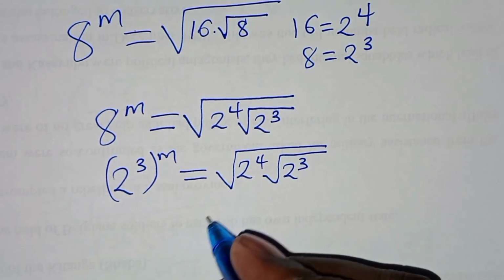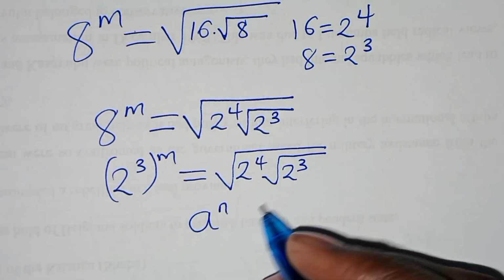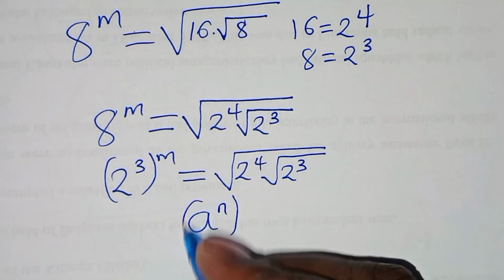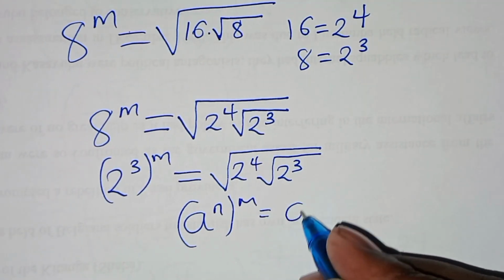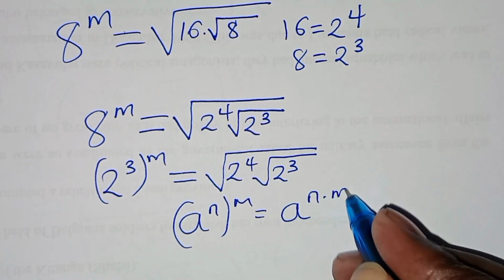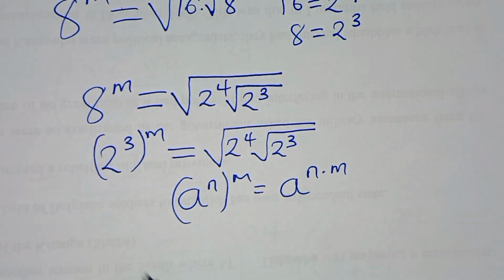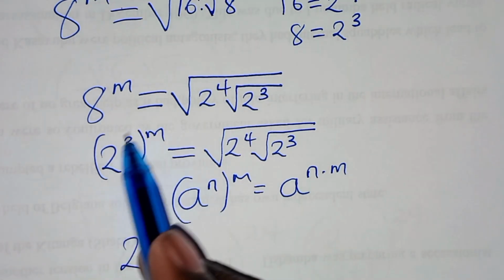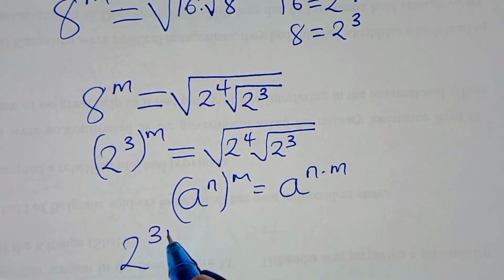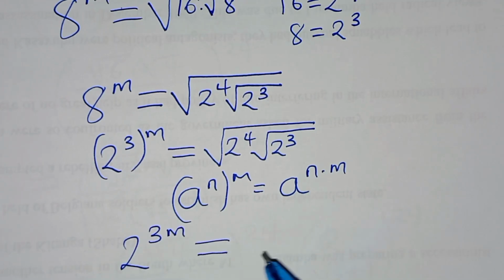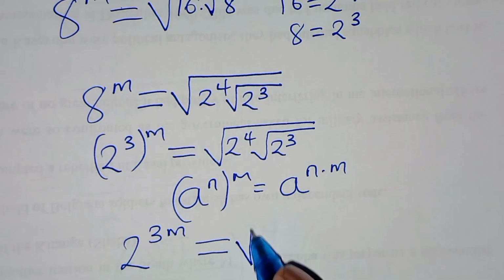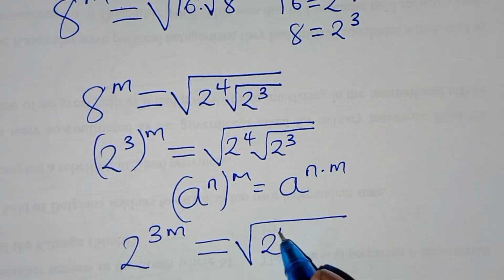Now, given that a to the power n raised to the power m can be expressed as a to the power n times m. So applying this exponent property, this is 2 to the power 3 times m, which is 3m. Now we have square root of 2 to the power 4.